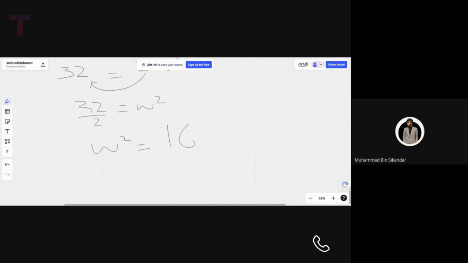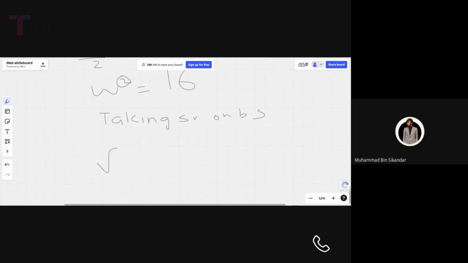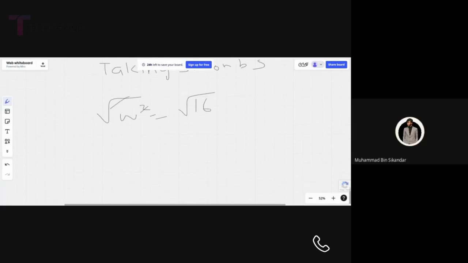Yes, 16. So this is the square that I need to eliminate. So I'll take the square root on both sides. There are 2, and this square cancels out.